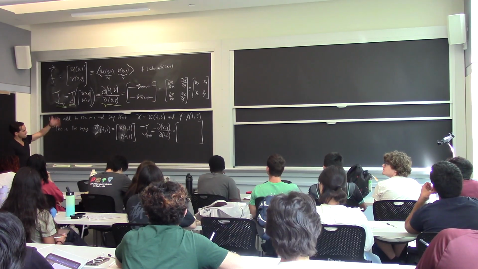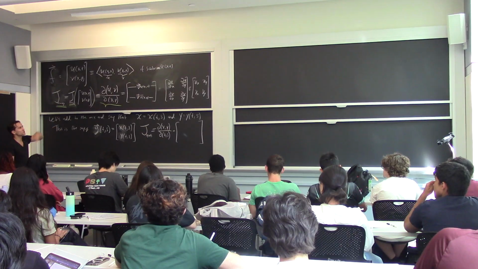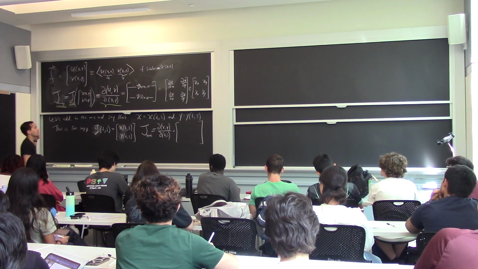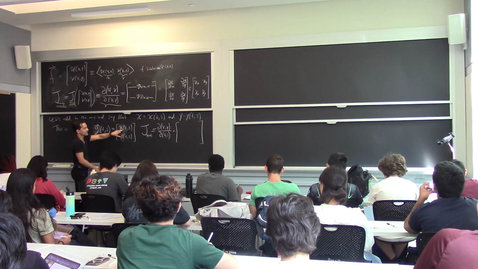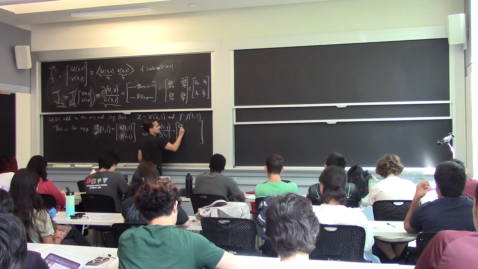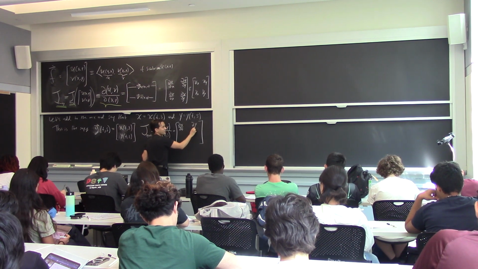Each row of a Jacobian represents the gradient of what? Of each row. So the first row is going to be the gradient of x. What is the first element here? dx by dt, next dx by ds.